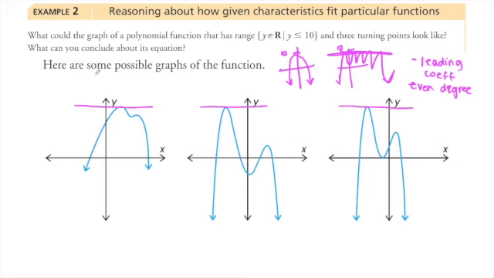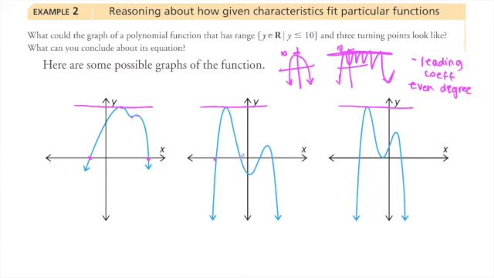So some of the possible graphs could be, remember, if we're looking at an even degree, okay, so we could have 2 zeros with 3 turning points.